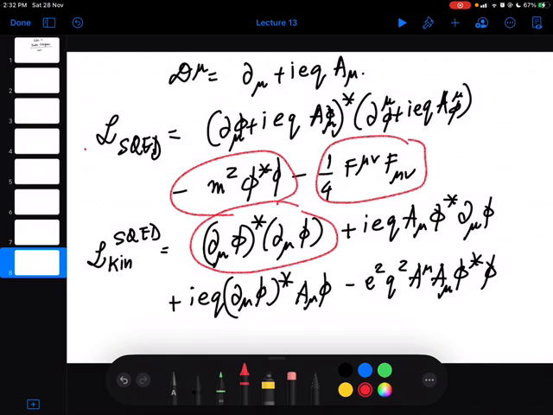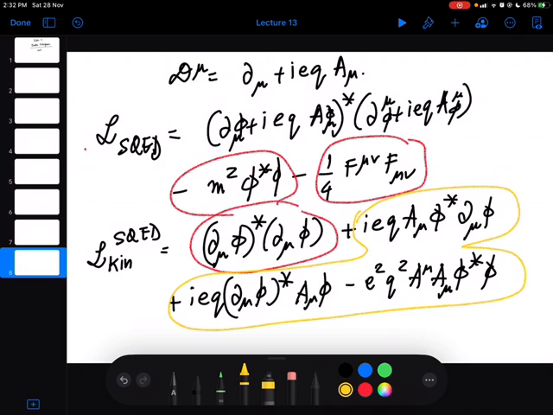So what is this remaining part? This is the remaining part, which is actually interesting for us. It comes out automatically. So you have two distinct fields: these A mu fields which came automatically.